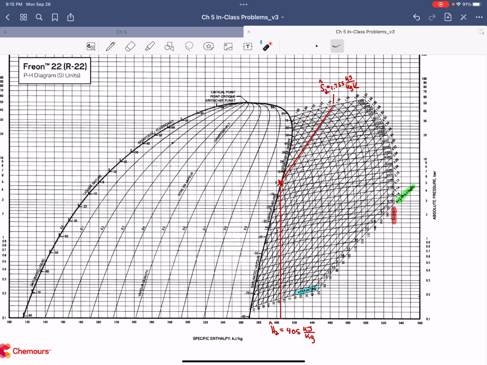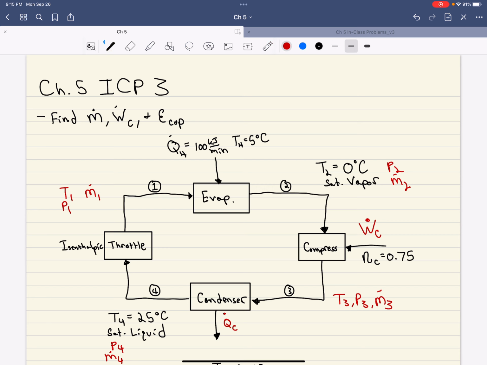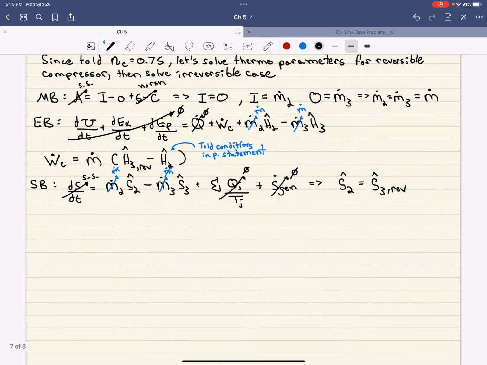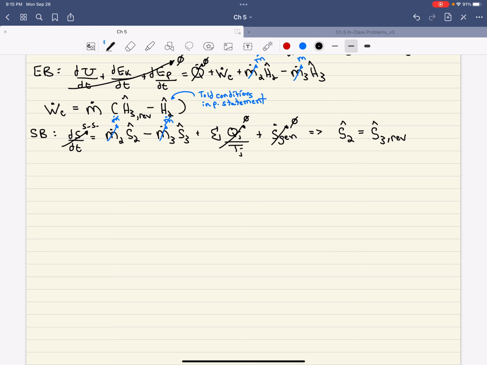Okay? And so going back here, from the Freon 22 chart, we were able to get that H2 is equal to 405 kilojoules per kilogram, and that S2 was equal to about 1.755 kilojoules per kilogram Kelvin.